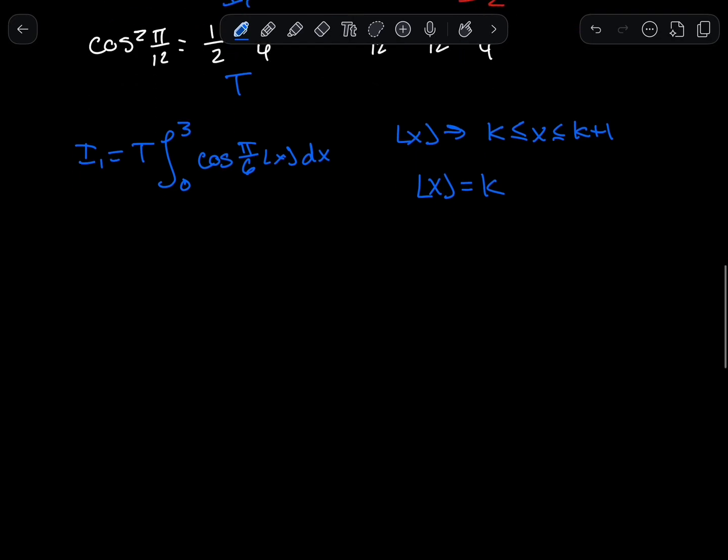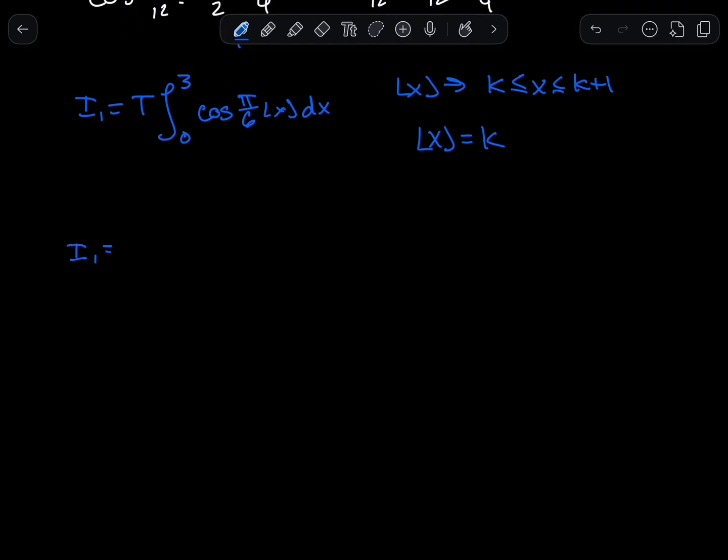So now we can rewrite our integral as I1 is equal to the integral of the sum, well, I could write t on the outside, the sum of k equals 0, and our bounds are 0 and 3, of the integral from k to k plus 1 of cosine of pi by 6 times k dx.